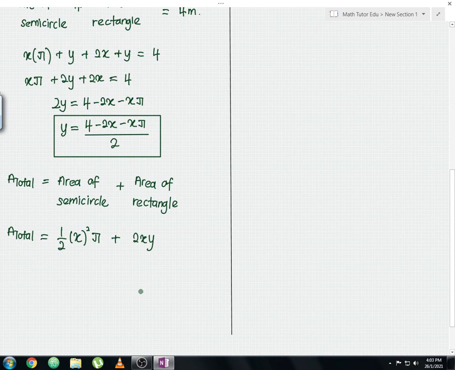Okay, so from here let us continue our working. So from here you should get x squared pi over 2 plus 2xy. Okay, let me underline the fraction.